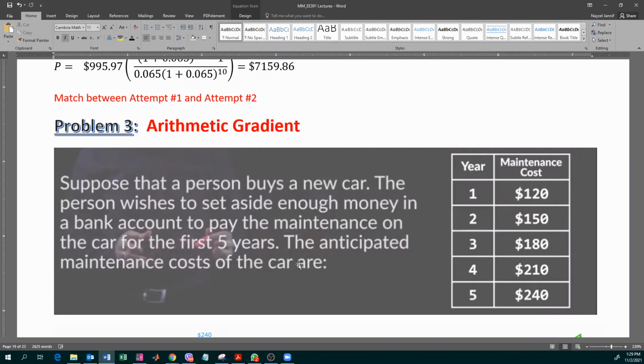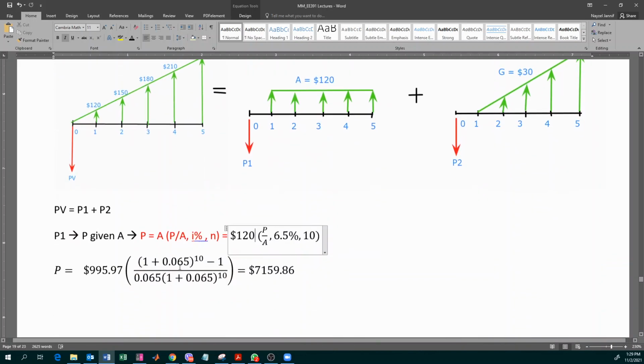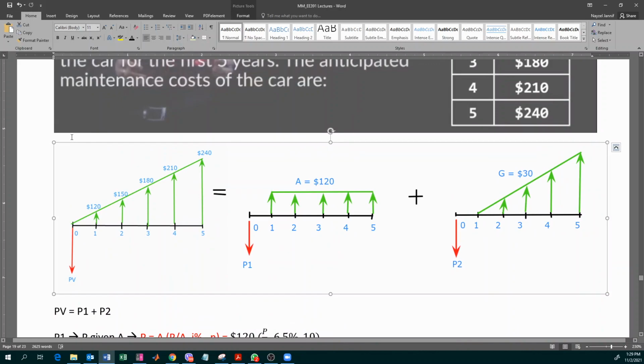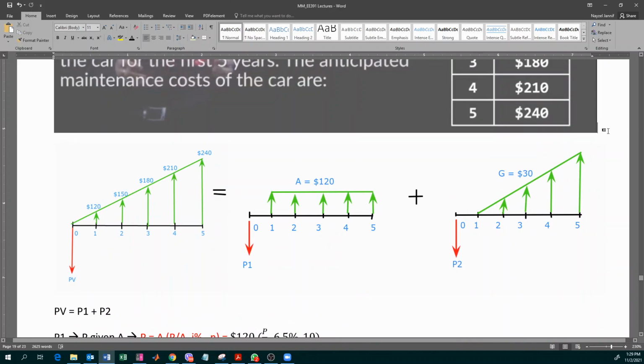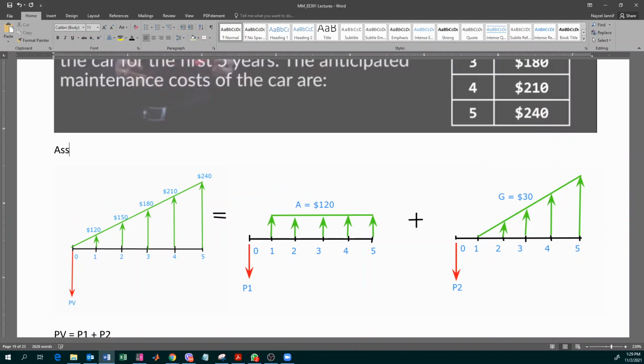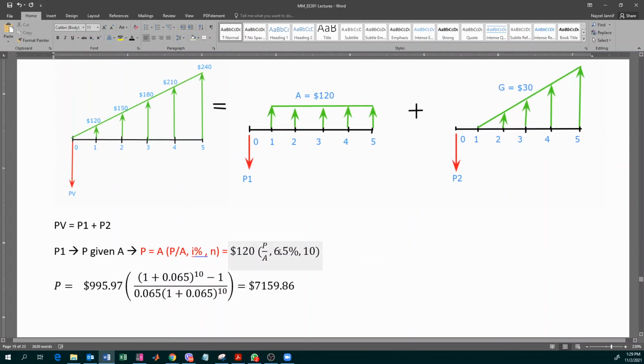Okay, let us assume an interest rate, guys. Maybe I'll just put it right below the question over here. Assume interest rate of 5.5%, and we have n equals 5 years.